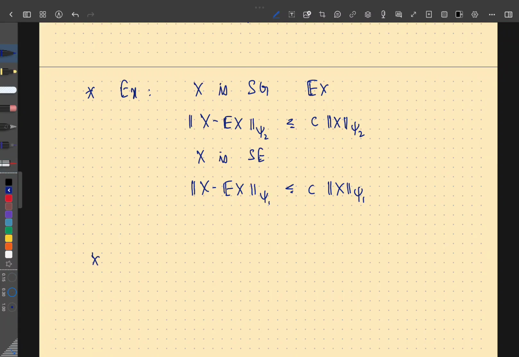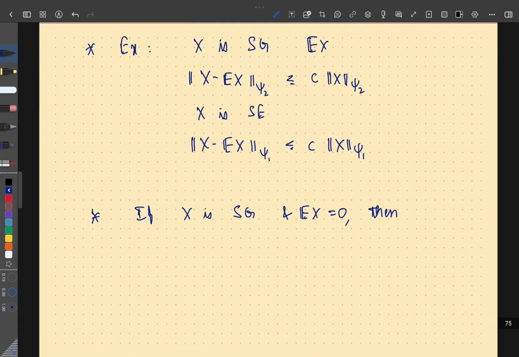All right. Here is another important fact that we'll make use of in just a little bit, and that is, if x is subgaussian and the expectation of x equals 0, then the subgaussian norm of x squared is lower bounded by some universal constant times the variance of x.